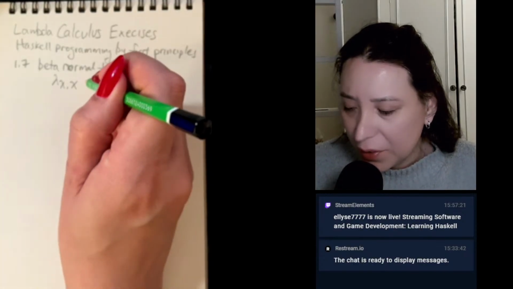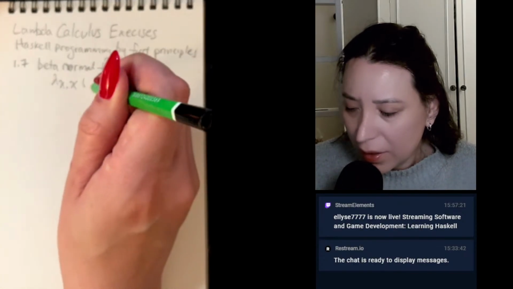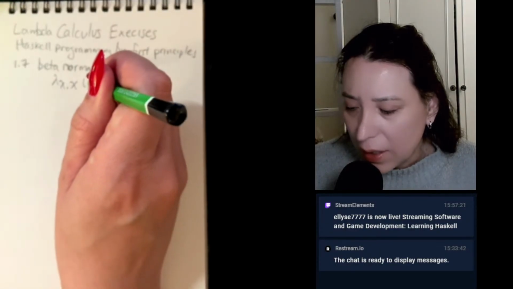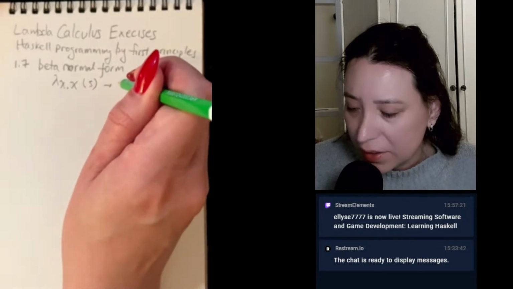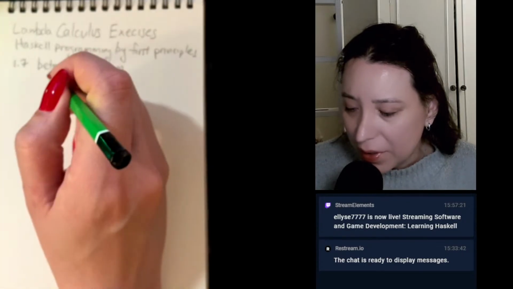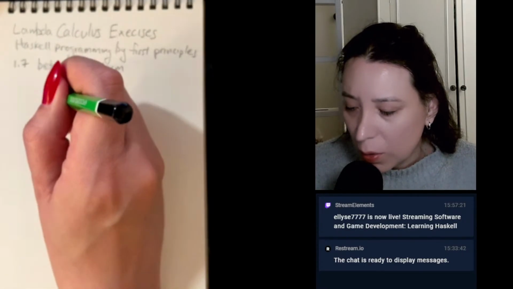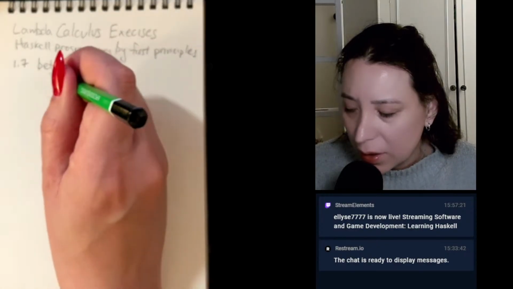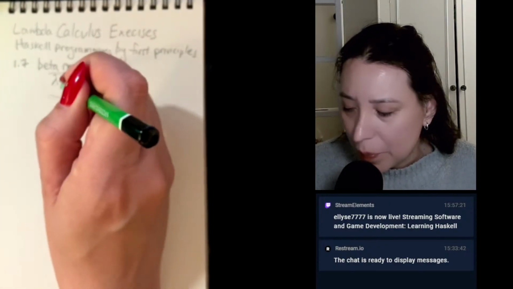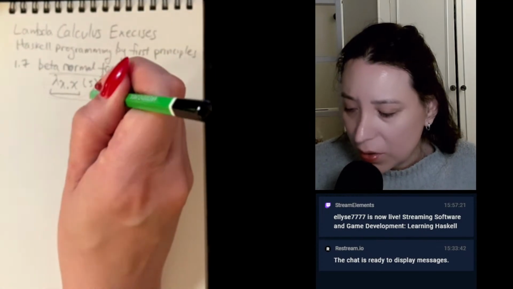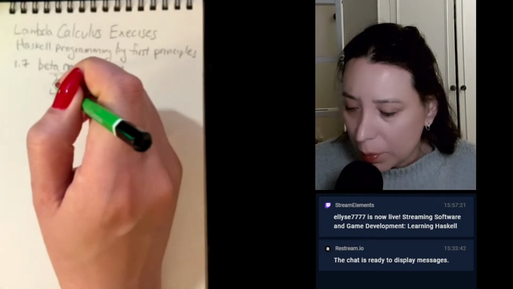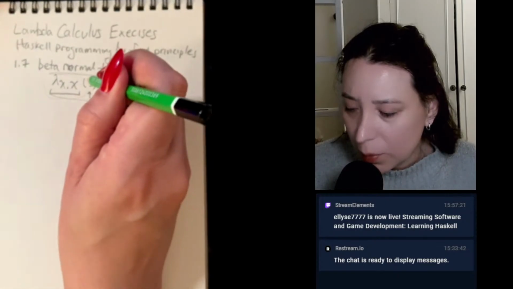But obviously, if you give it a parameter, an argument, like 3, then you can reduce this further and it turns to 3, because remember, this is the overall lambda expression. Here's one lambda expression in here, and here's the argument to it. So we're going to apply this function to this argument 3.